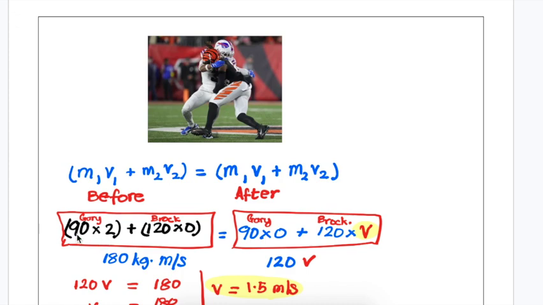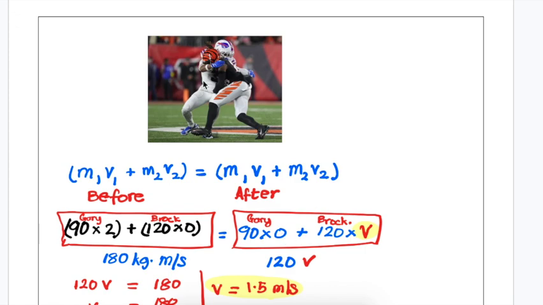Gary a little bit lighter than Brock, 90 kilograms for Gary, 120 for Brock. That's before. So we plug all of that data into the law of conservation of momentum expression here. Then after the collision, Gary stops in his tracks, so 0 meters per second.